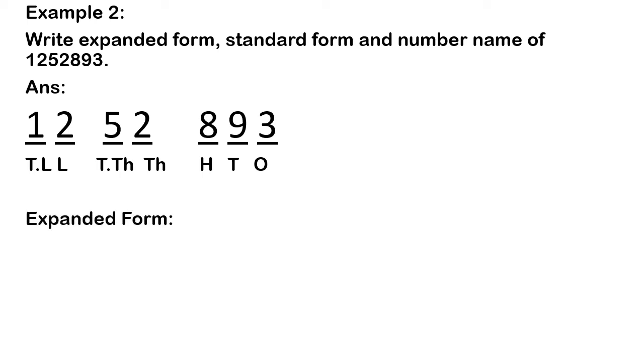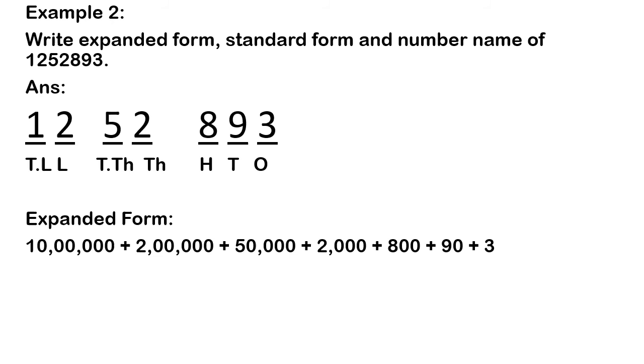So the next step we are going to write the expanded form. So 1 into 10 lakhs is equal to 10 lakhs plus 2 into lakhs, 2 lakhs. Then 5 into 10,000, 50,000. Then 2 into 1000, 2000. Then plus 8 into 100, 800. 9 into 10, 90. Plus 3 into 1, 3.